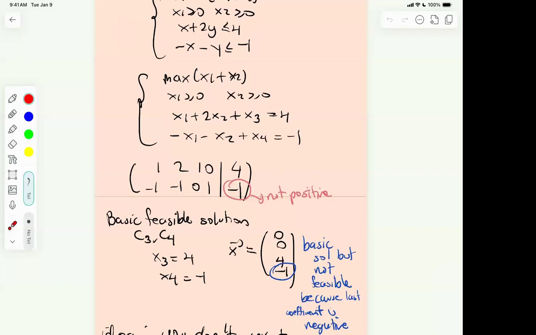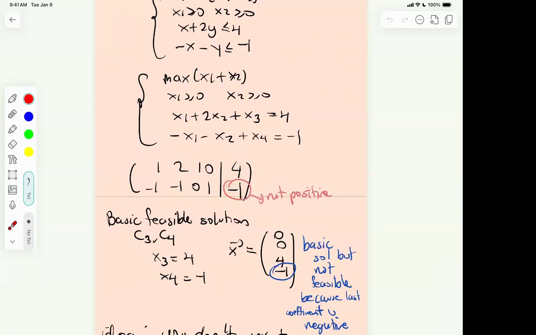So the problem is that in the simplex method, if you think about it as an algorithm, step one, I think I called it, or step zero, is that you have to start with a basic feasible solution. Implicitly, we never had to worry about that, because before you would always get this identity from the slack variables, and the coefficients happened to be positive in all the examples we were doing.